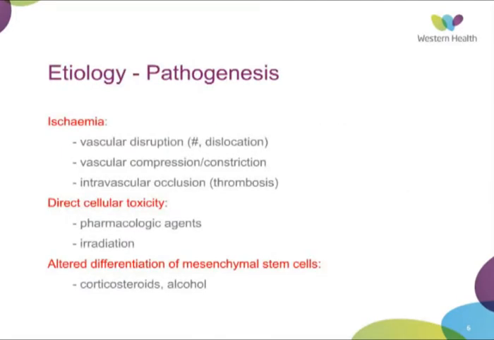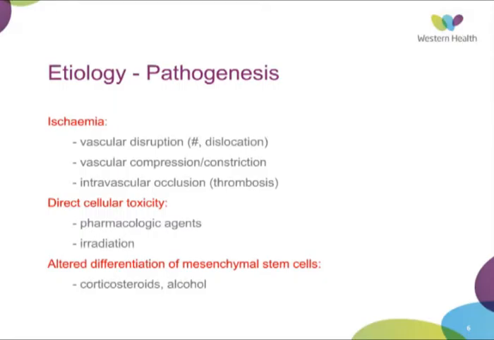The pathogenesis, as described earlier, I think there are 3 different mechanisms. Ischemia is the most obvious, and it's either a vascular disruption from trauma, which is fracture dislocation, vascular compression, or increased pressure within the femoral head itself, which is the thought process behind corticosteroids and alcohol increasing fatty infiltration into the femoral head, which then causes constriction of the vascular supply to the femoral head.